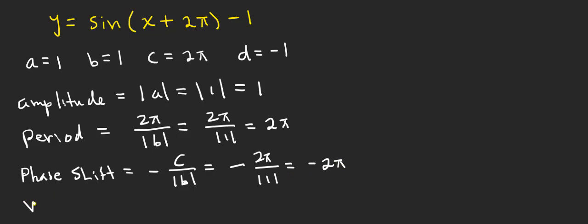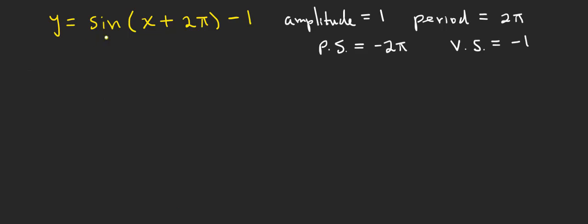Now, finally, what is the vertical shift? That's going to be negative 1. So in order to graph this, you probably first want to graph sine of quantity x plus 2 pi, and then you need to bring down everything by 1 to get this final graph.